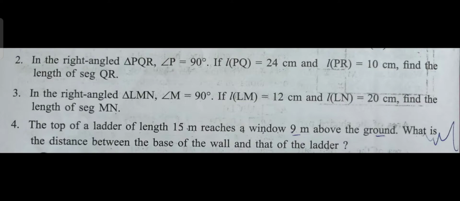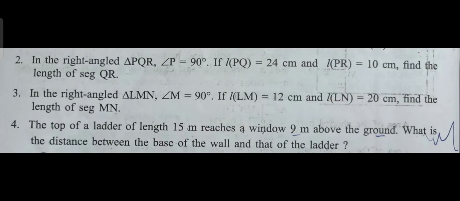Third one is that in the right angle triangle LMN, angle M is equal to 90 degree. If length of LM is equal to 12 centimeter and length of LN is equal to 20 centimeter, find the length of segment MN. This question is also similar. You have to draw a triangle LMN and show angle M is equal to 90 degree.